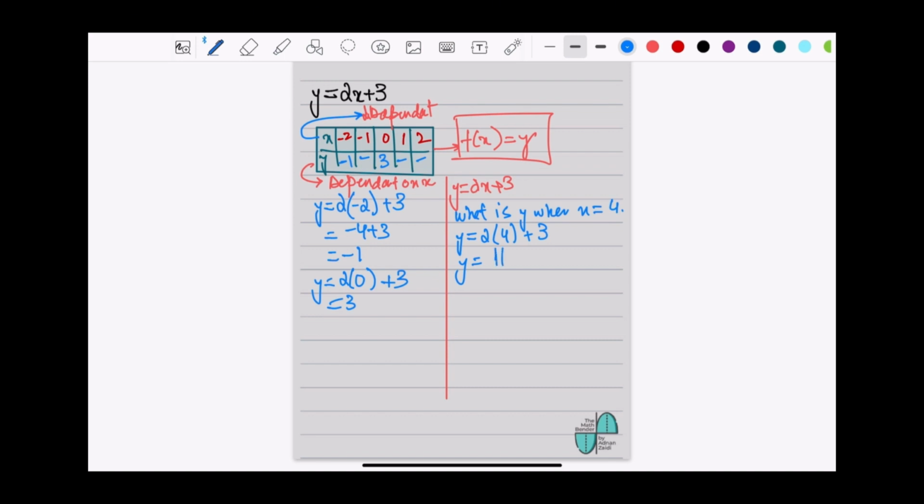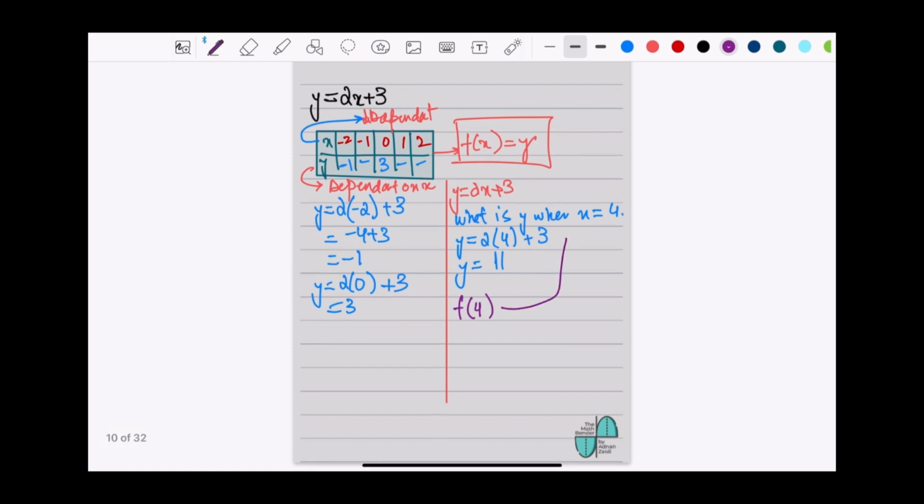The same question that I wrote down with that much writing, I'd write as what is f of 4. This means exactly the same as what I've written. This is one of the edges that function notation may give you.